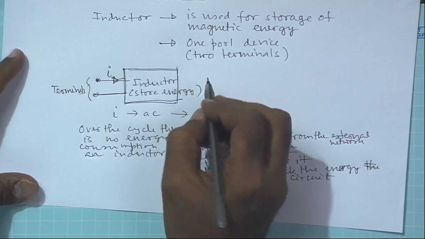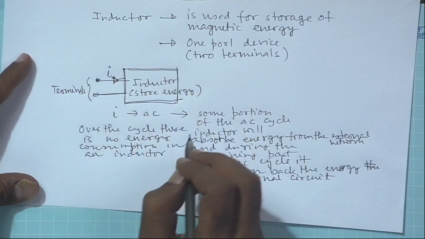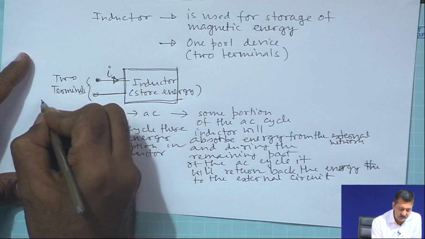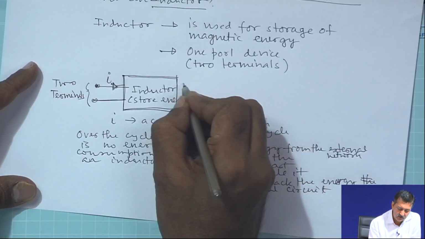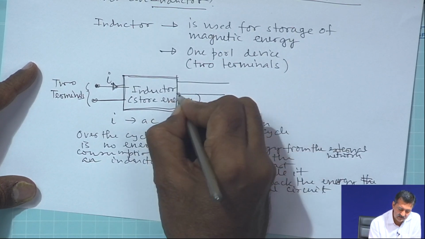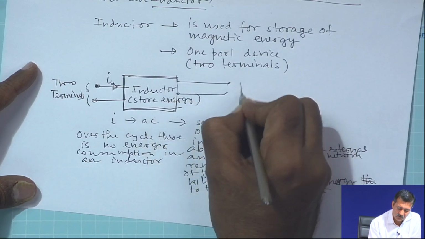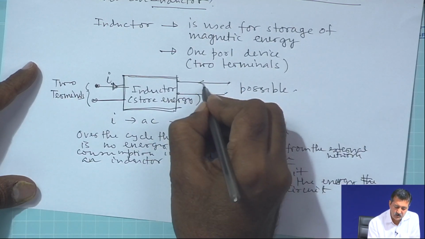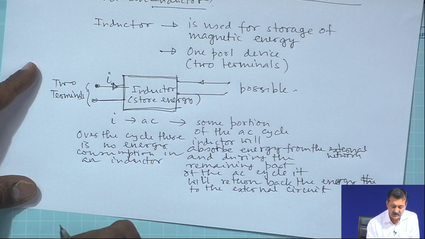Now, though I am saying it is basically a two terminal network, it is possible to construct more terminals, but then also its job would be in the magnetic structure.